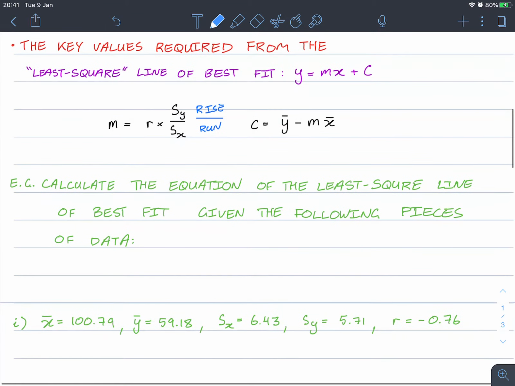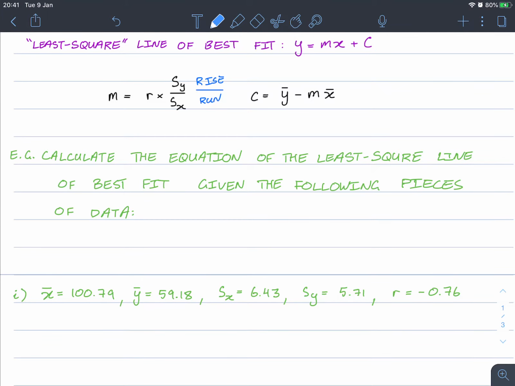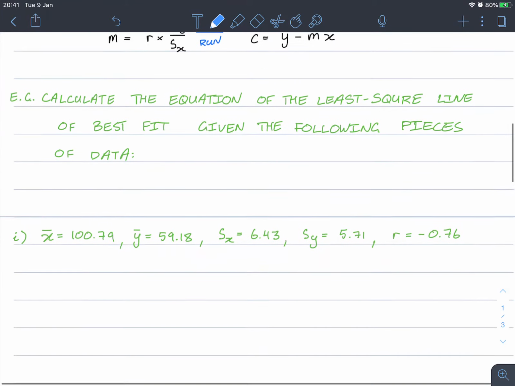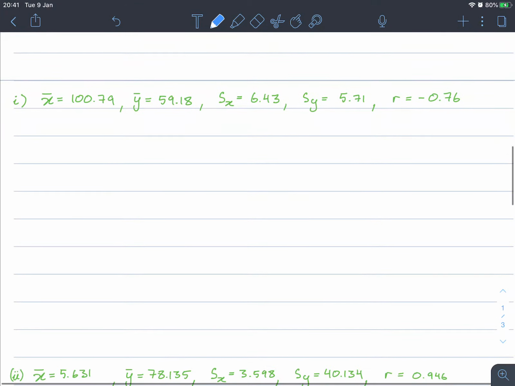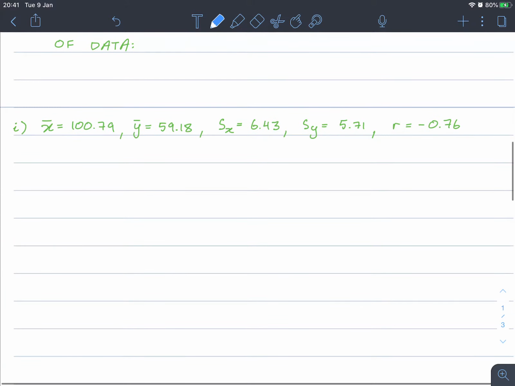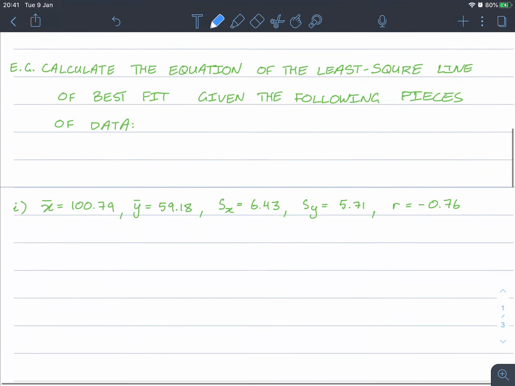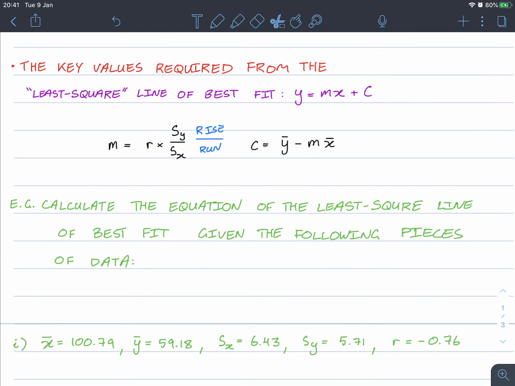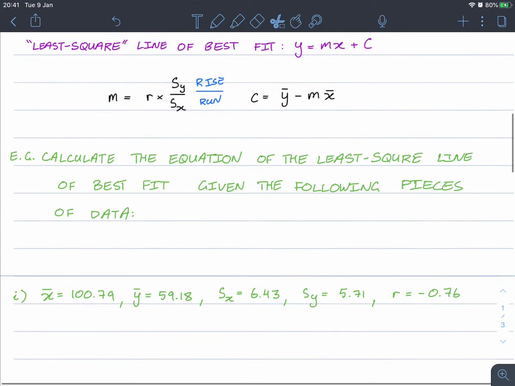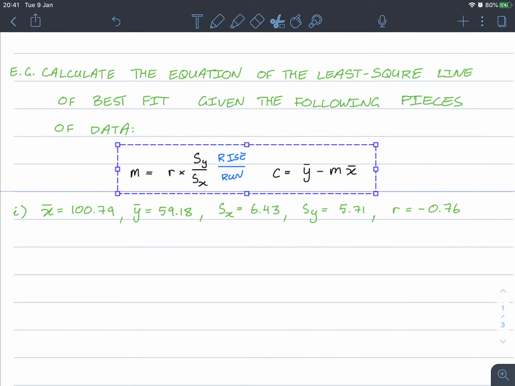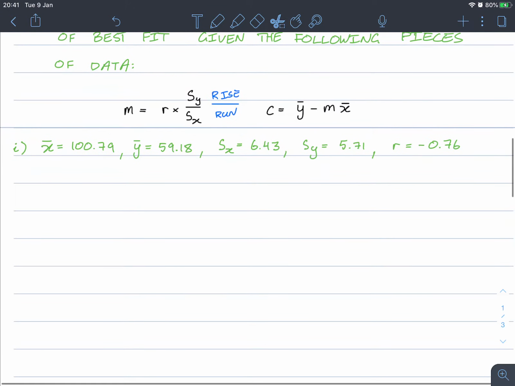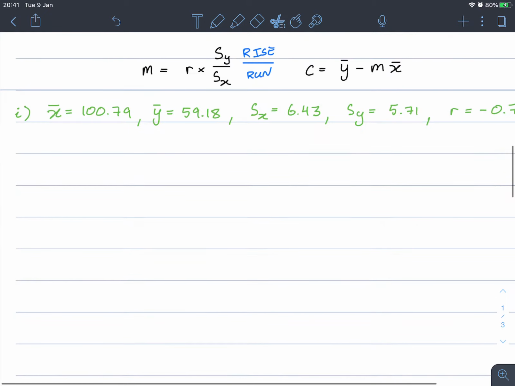Let's calculate the equation of the least square line of best fit given the following pieces of data. Let's calculate our equation y equals mx plus c. I'm just going to copy this down so we don't need to keep sliding up and down.